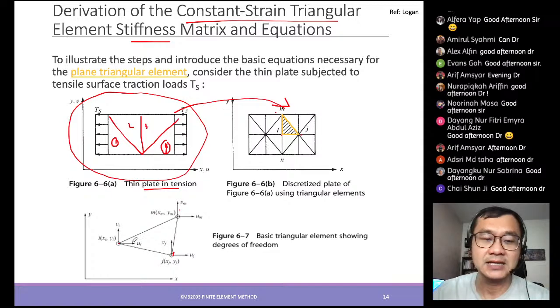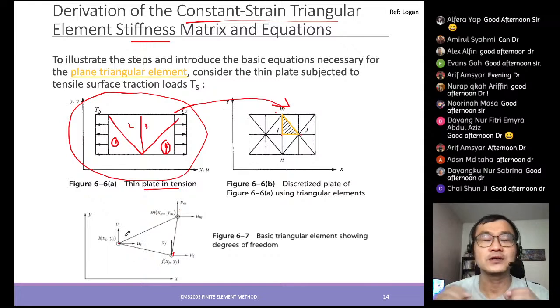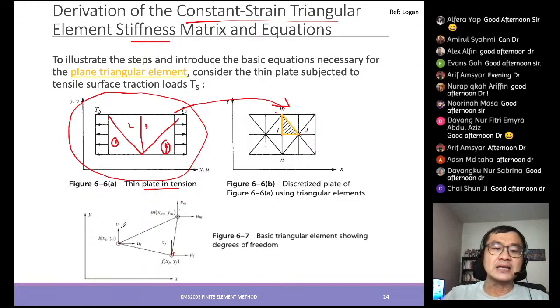Each node itself we can define with a coordinate x_i, y_i, and each of these may translate, will move in the form of displacement, given by u_i and v_i for the node i.